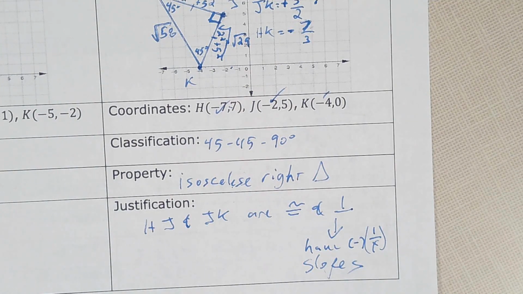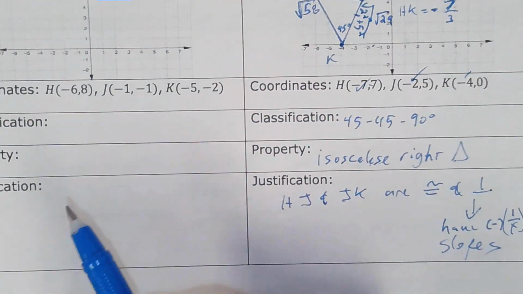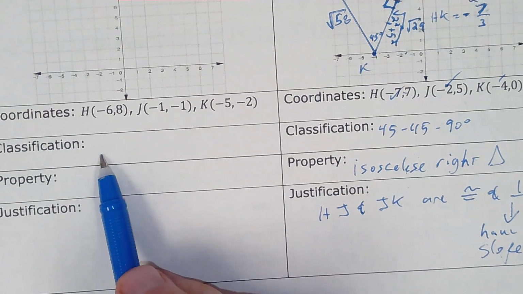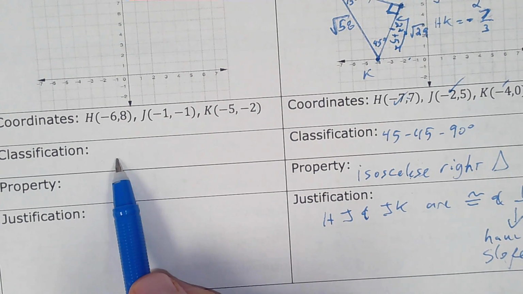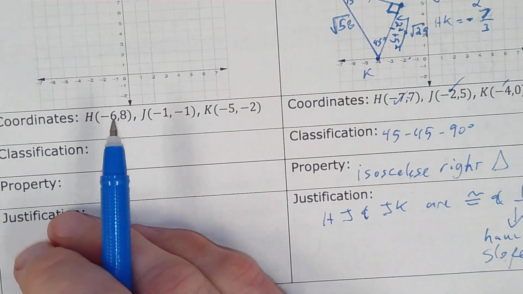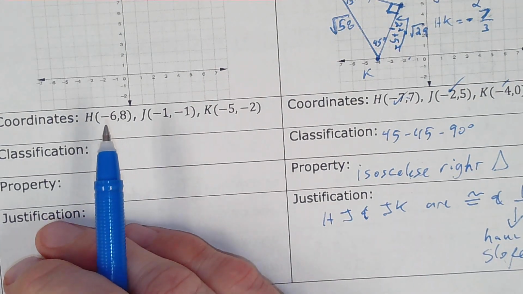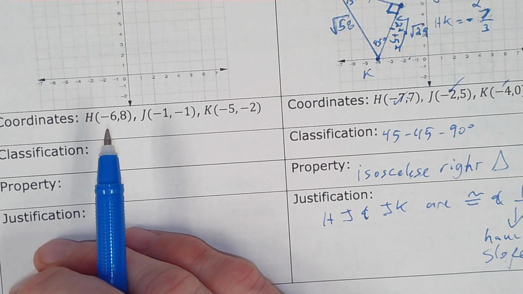So what kind of classification is a triangle that doesn't meet any? It's just a random triangle that doesn't meet any classifications. There's nothing congruent about it. It's not an isosceles triangle. It's not an equilateral triangle.